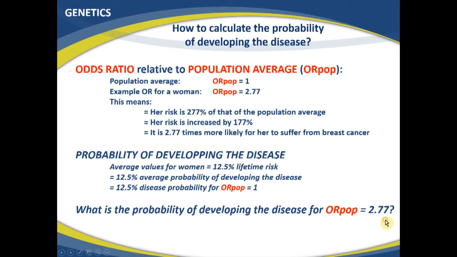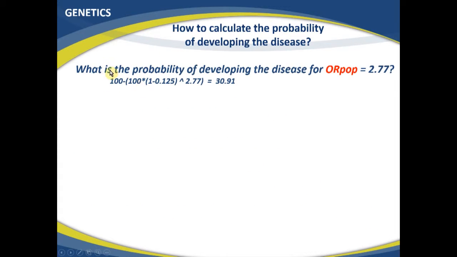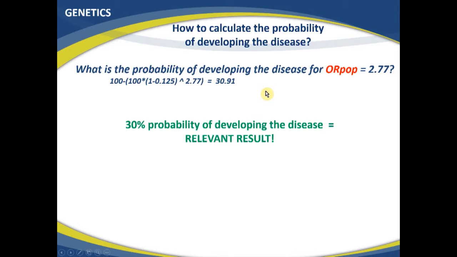And if you look at 2.77, it's a bit more complicated. This is the calculation you would do. And then her risk is not 12.5, but 30.91. So around a 31% probability of developing the disease compared to a person who has a 12% chance. So this is how you would calculate it.